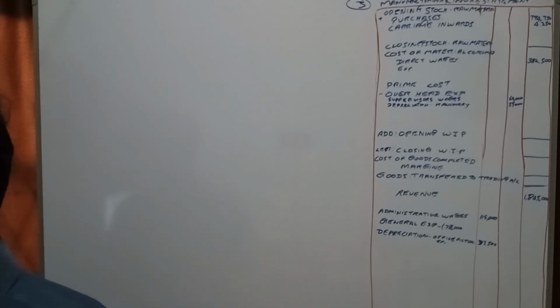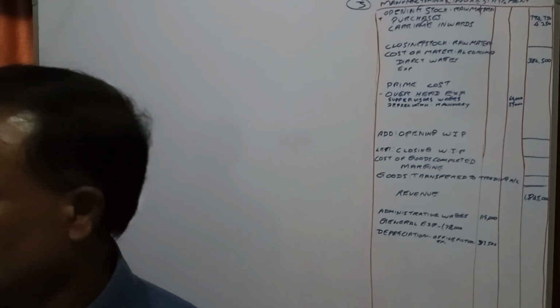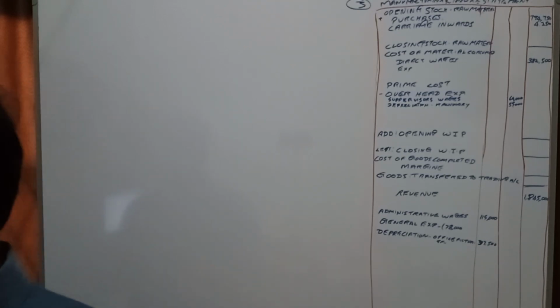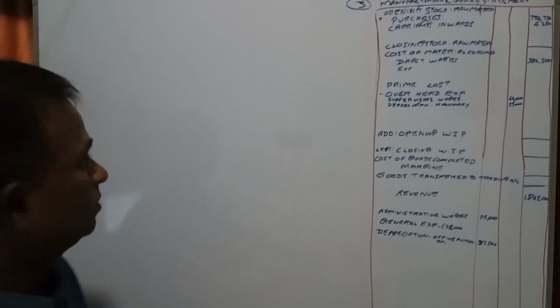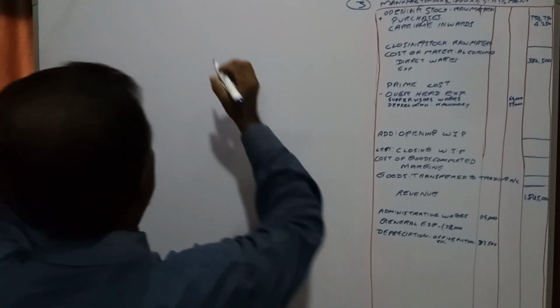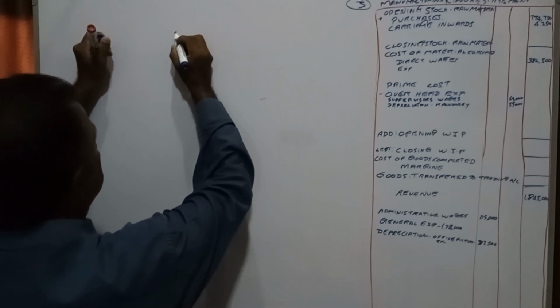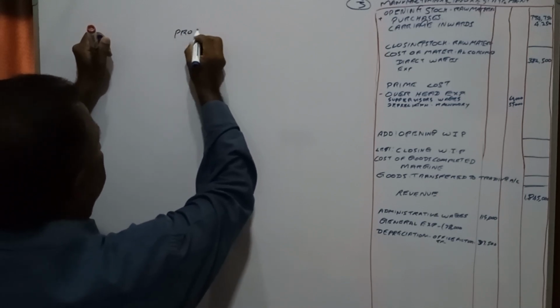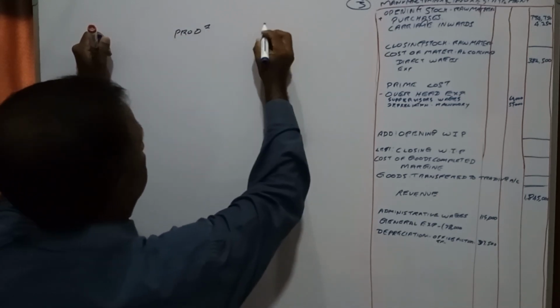Kim's Limited is a company which manufactures a single product. Finished goods are transferred from the factory at a production cost plus 15%. Okay, they are selling at cost plus, that means production to trading.